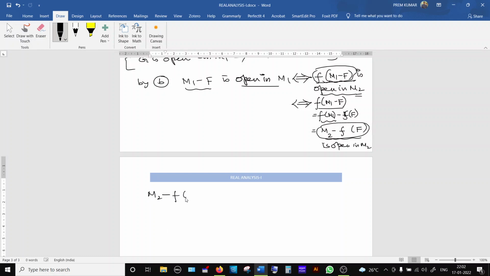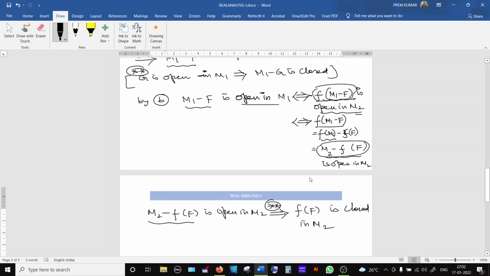M2 difference f of F is open in M2. This implies that the complement of this in M2, f of F, is closed in M2. This is by double star, this result.